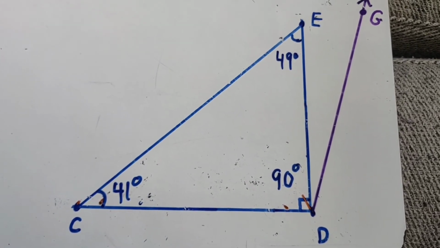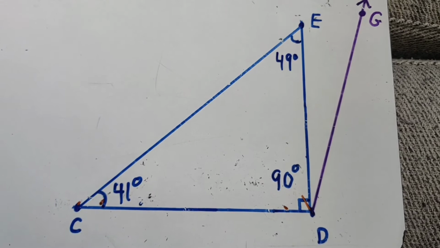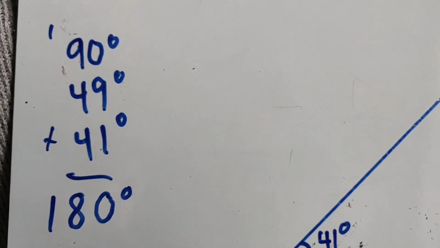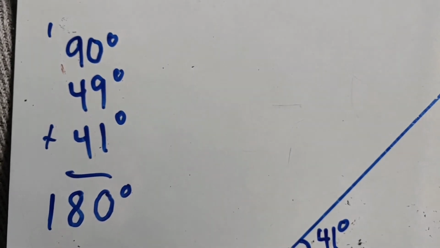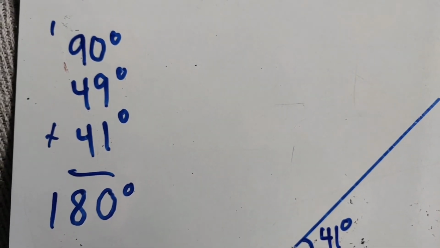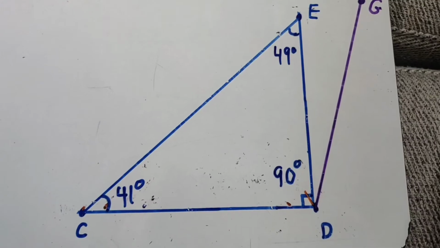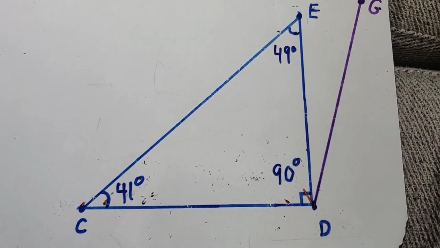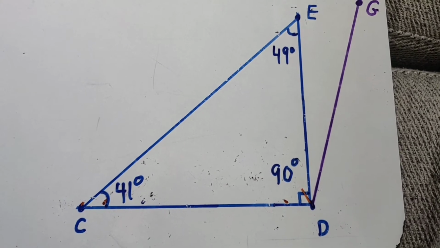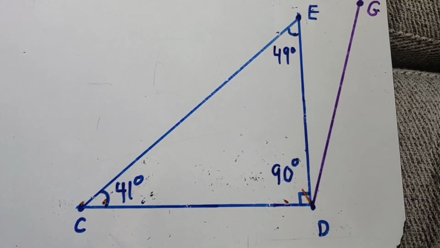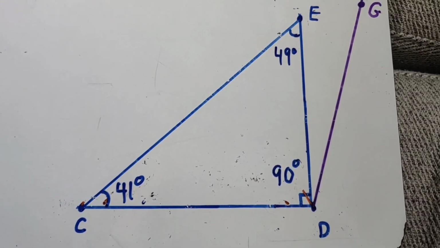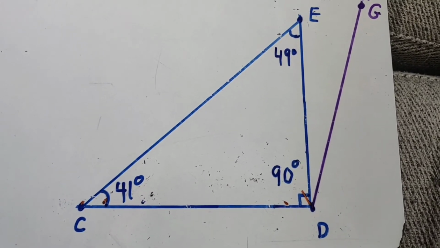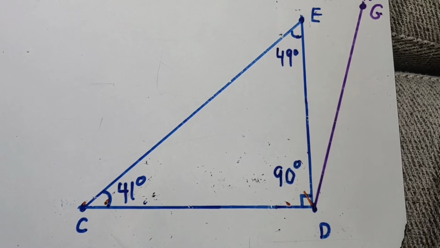So now let's add the 90 degrees plus 49 degrees plus 41 degrees. And that equals 180 degrees. So just like in our other triangle, the sum of these three angles is 180 degrees, which will always be true in a triangle. But back to what we were originally talking about, is this an acute triangle, a right triangle, or an obtuse triangle?